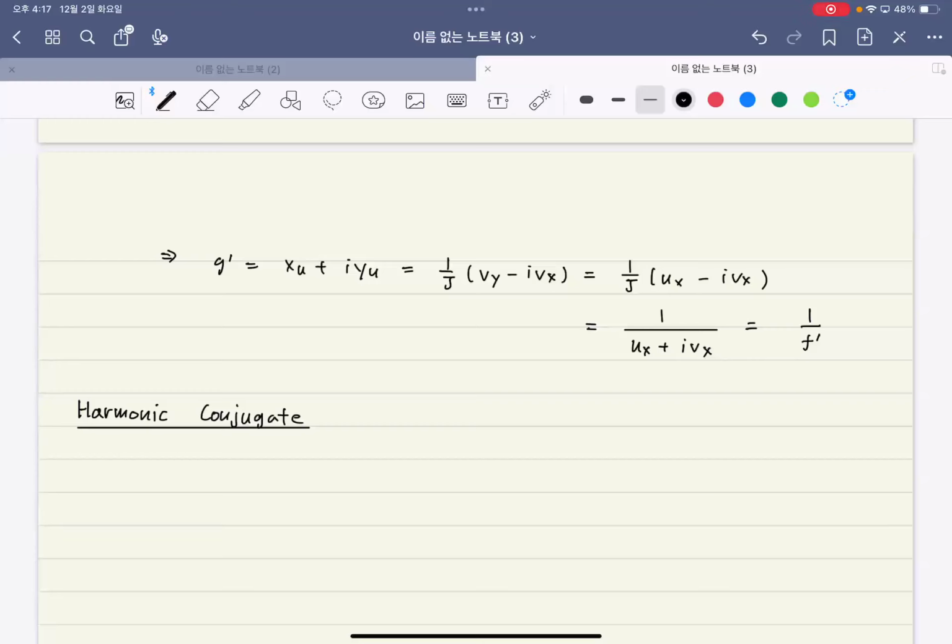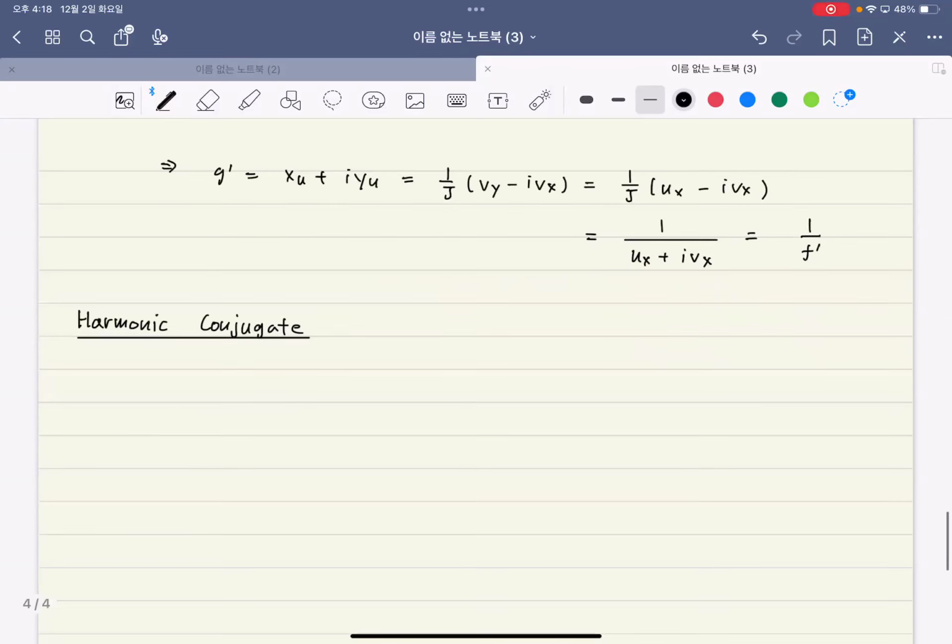But in one of our midterm exam problems, you were supposed to verify that this function is harmonic, and also show that it can never be the real part of any analytic function if the domain was the entire complex plane minus the origin. Now we are going to talk about these issues.